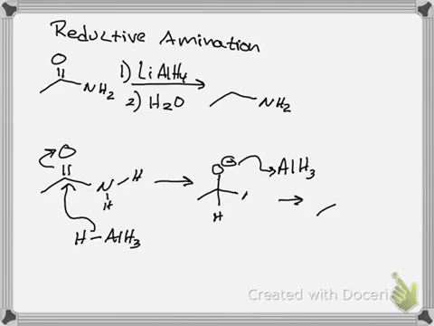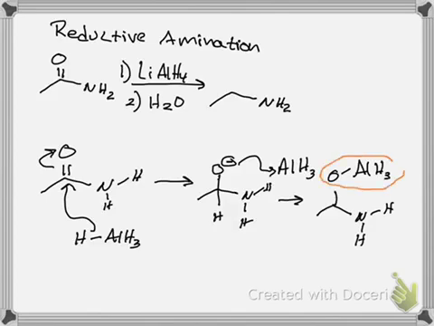Oh, I forgot the nitrogen half of this. No, Kurt, that's not important at all. So we're here. And what may not be readily obvious to you is the fact that this has become a decent leaving group.